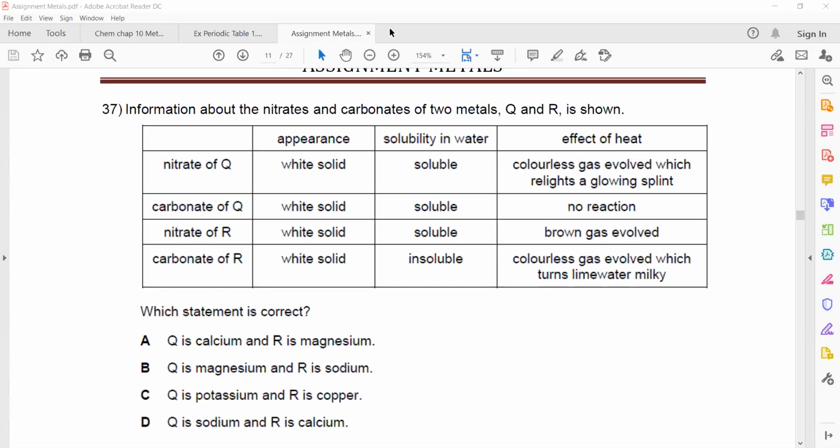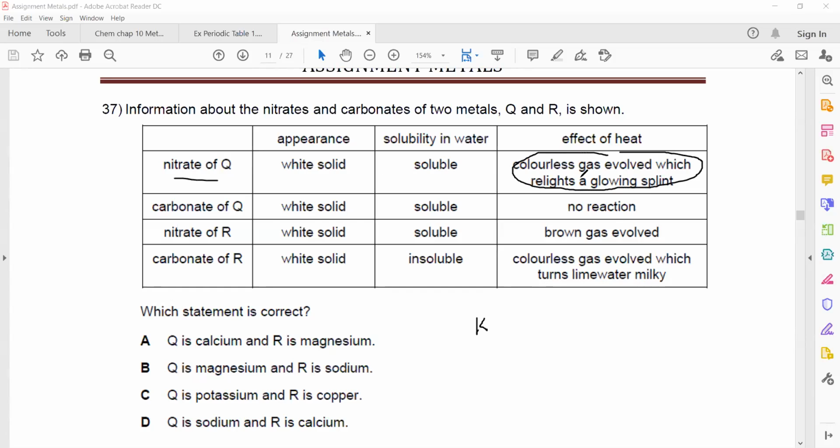Look, first thing, how you identify: there's a metal nitrate of Q, it's a white solid, so it means group 1, 2, or 3 is there. And effect of heat, because normally nitrates decompose to form metal oxide plus nitrogen dioxide.